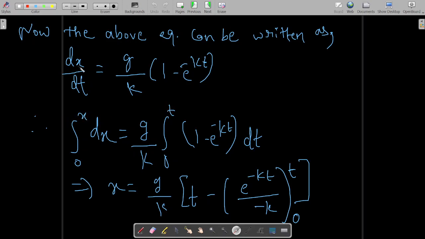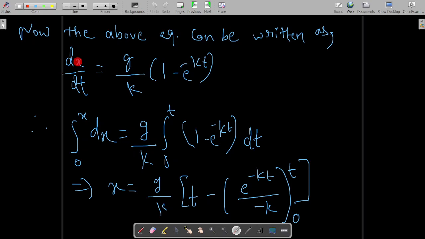Never call it distance, although over here, as the motion is linear as well as unidirectional, your displacement and distance are going to be numerically equal in this particular case. But in general, you should never call it rate of change of distance.